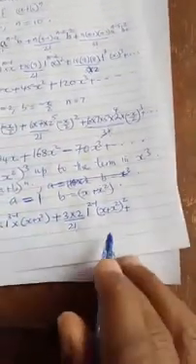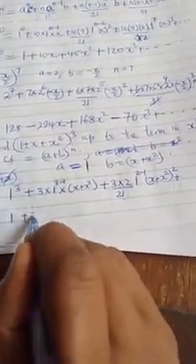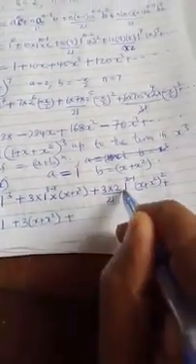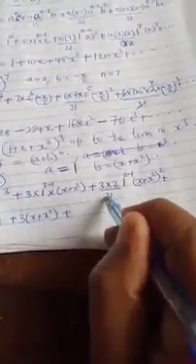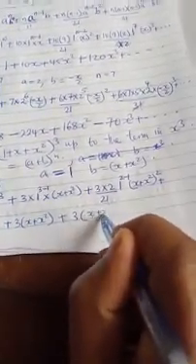If I open this, it gives us 1 plus 3 into x plus x squared, plus 3 into x plus x squared.